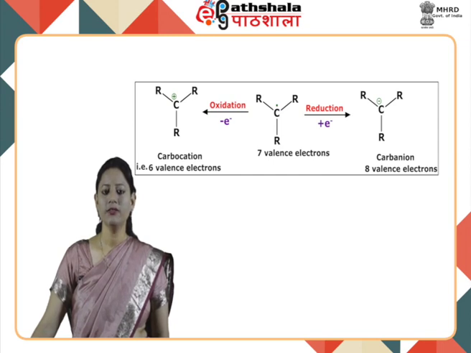The negatively charged carbon of a carbanion has 8 valence electrons. So, a radical differs from a carbocation and a carbanion, with 7 electrons in the carbon bearing the radical.